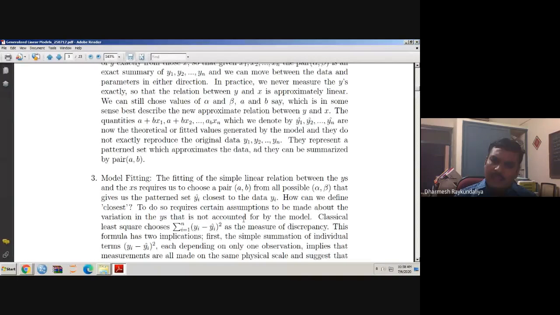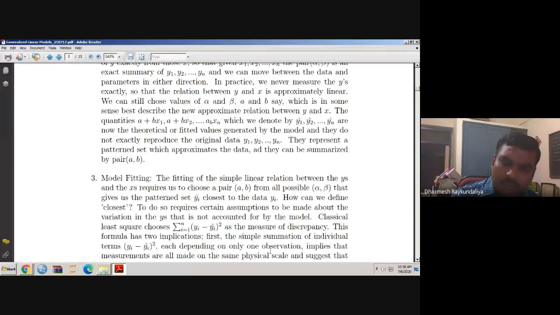This formula has two implications. If you look at this formula carefully, what is the first? It is a simple summation of individual terms, yi minus yi cap square, each depending only on one observation.